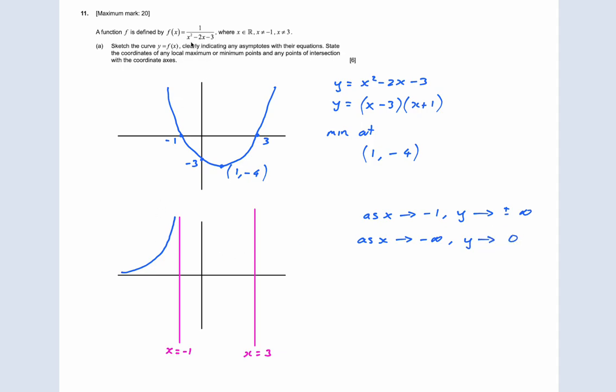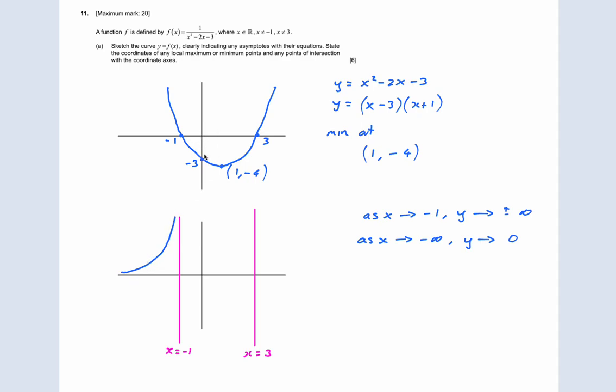Imagine if you put in a big number like -1,000,000: the denominator becomes very big, because -1,000,000 squared is a trillion. So it's 1 over a trillion and change, which is basically 0. Okay, so that's the left part of this.